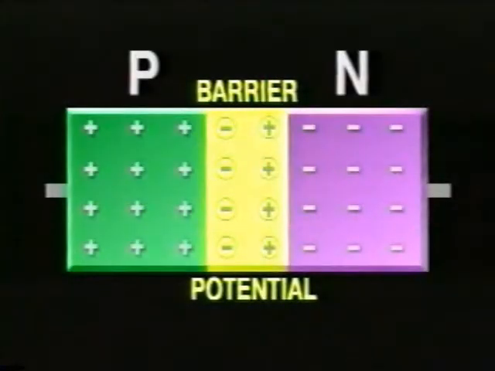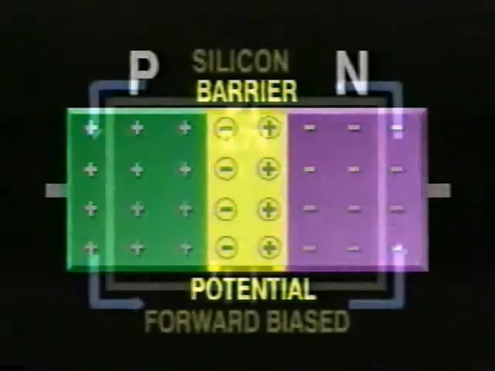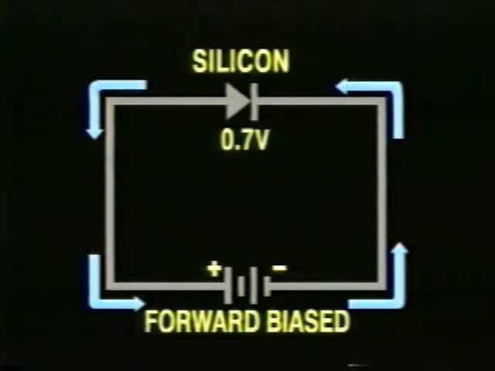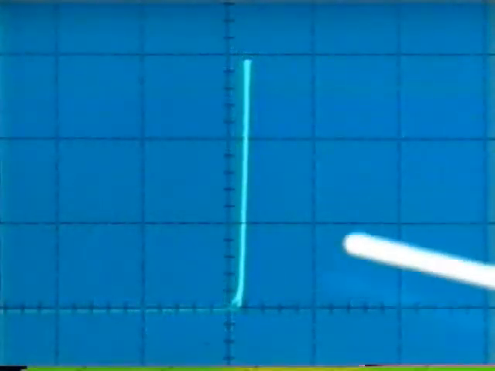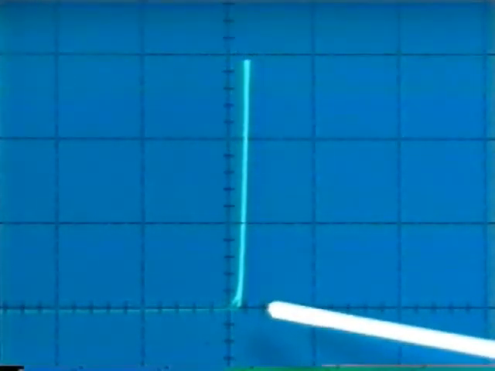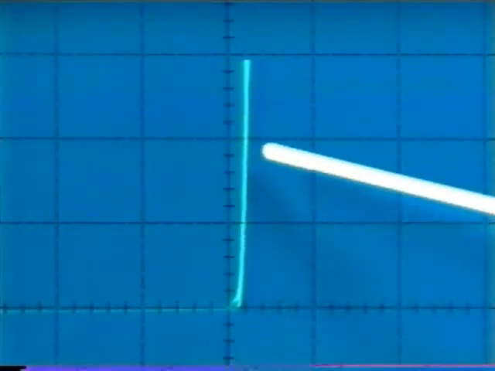This is due to the opposing force of the barrier potential within the diode, a force which must be overcome before the diode is able to conduct current. As you learned earlier, that barrier has an effective voltage potential of 7/10 of a volt for silicon diodes. However, once this voltage is exceeded, current through the diode increases rapidly.